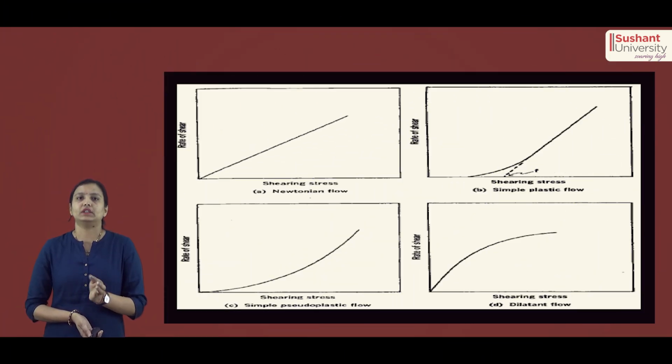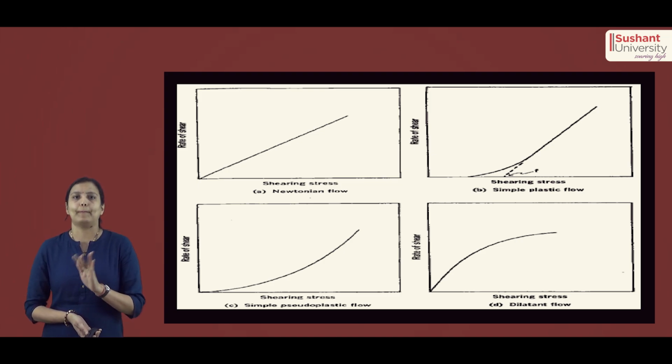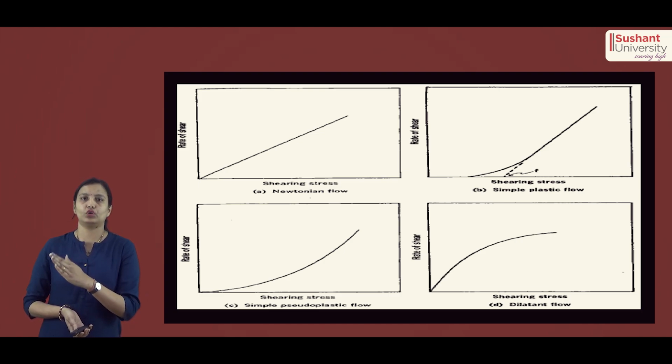Then, depending on non-Newtonian flow, there is a classification into time independent and time dependent. In time independent, there are three types of flows. The first one is plastic flow, then pseudoplastic flow, and the dilatant flow. So these are the rheograms representing the types of flows with respect to the applied shear stress. If we apply the shear stress, it will flow smoothly. That is Newtonian flow.